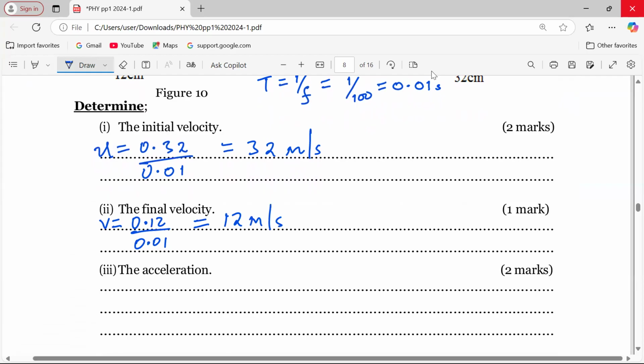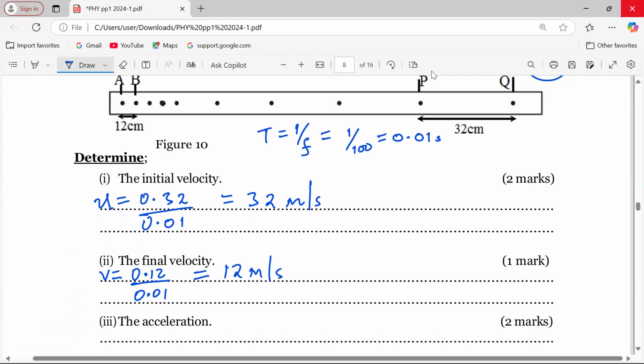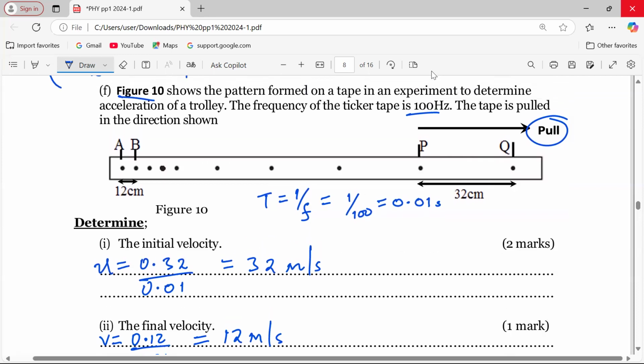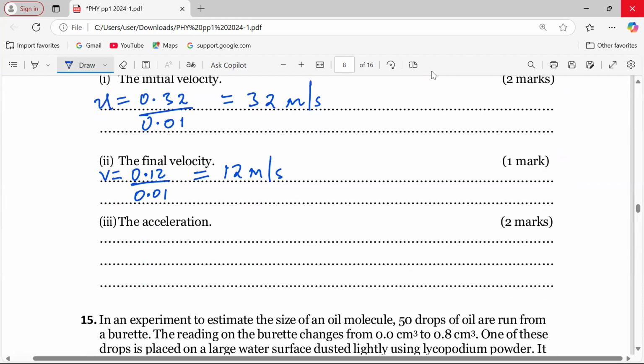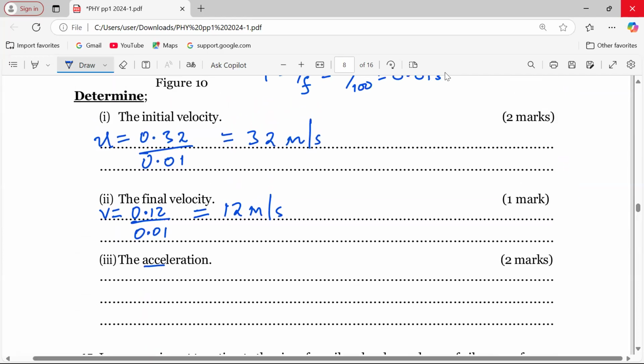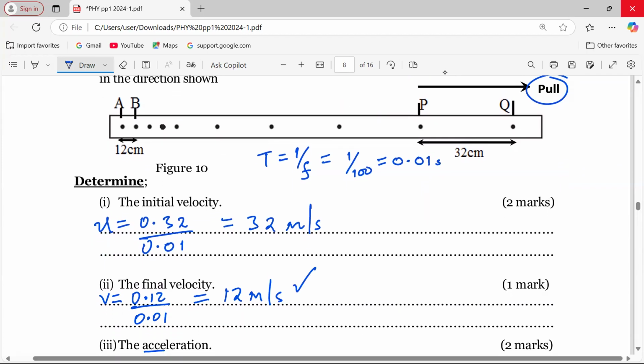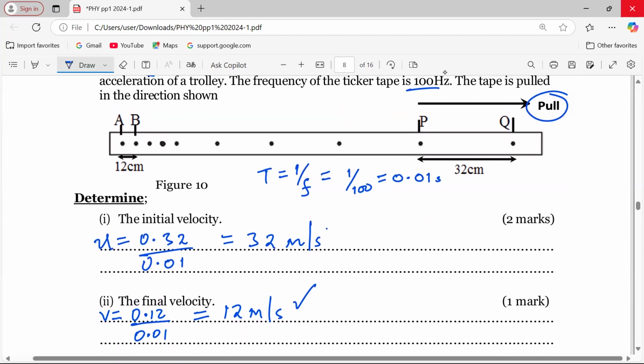Something interesting that you're supposed to notice is that this trolley is generally decelerating. And so we should expect a negative acceleration, because what you are finding is acceleration. We should expect it negative because it is a general deceleration. Just from the look of things, we can see the final velocity is becoming smaller than the initial velocity.